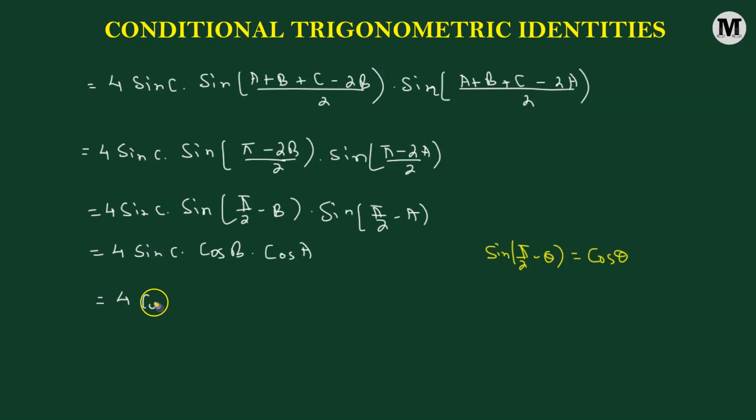We get 4 times cosine of angle A times cosine of angle B times sine of angle C.